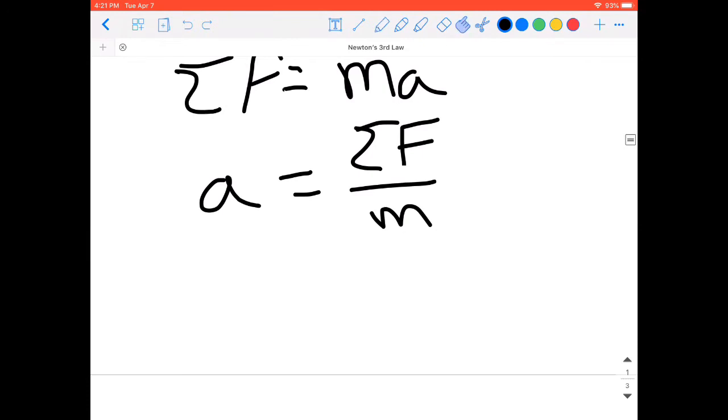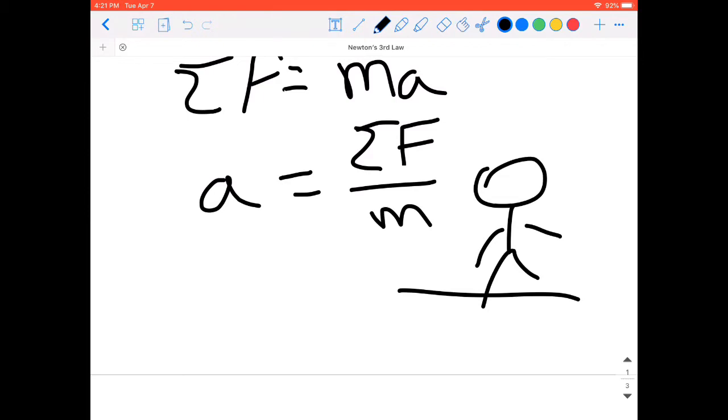So if we scroll down a bit, let's see. Let's say we have a table with a person on top of it, or let's say a floor with a person on top of it. That sounds more reasonable. And let's say the person is pushing down on the floor. Let's say 5 newtons, because we've been using 5 newtons so far.